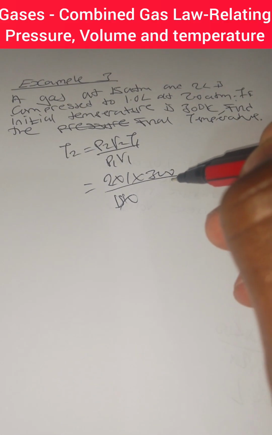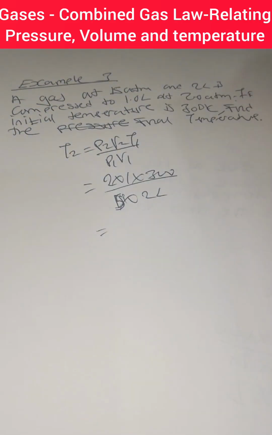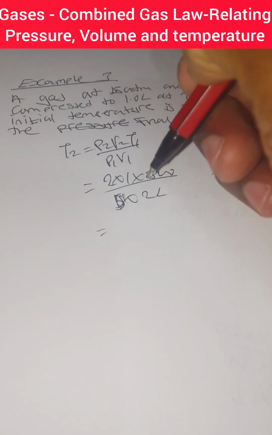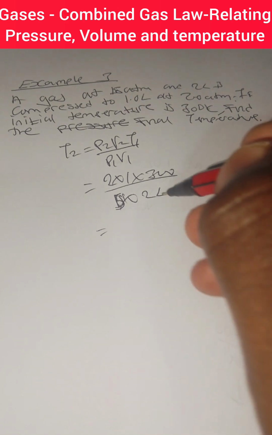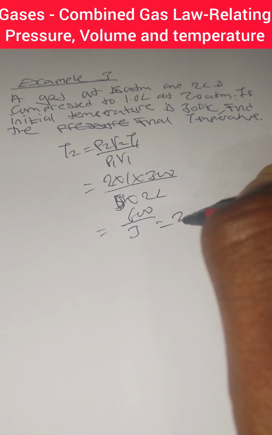So let's go ahead and punch it on the calculator. We are going to see that it's not 15, it's 1.5, this one. Yeah, 1.5. So the answer that you are going to find is 600 over 3, which is equal to 200 K. So our final temperature is going to be 200 K.